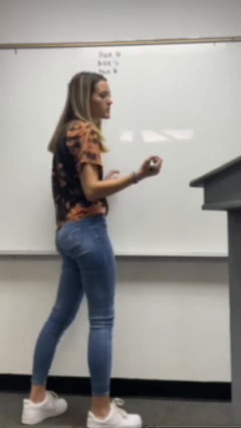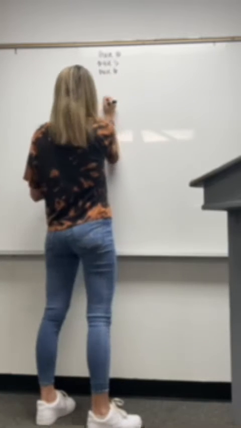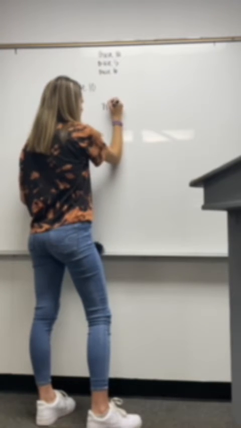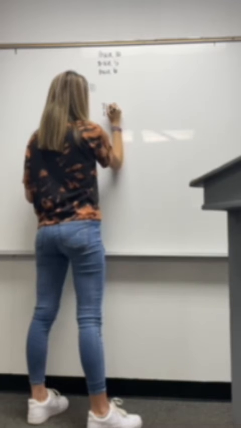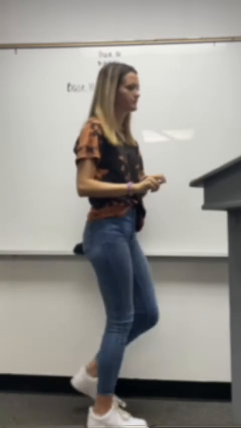We can do a few examples so that we can go over base 10 and how to add and subtract them. So we're going to start with 715 plus 298.